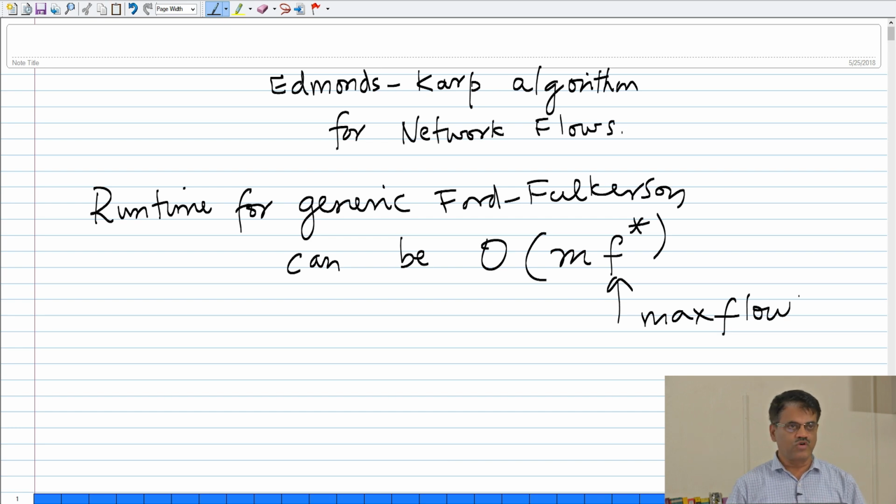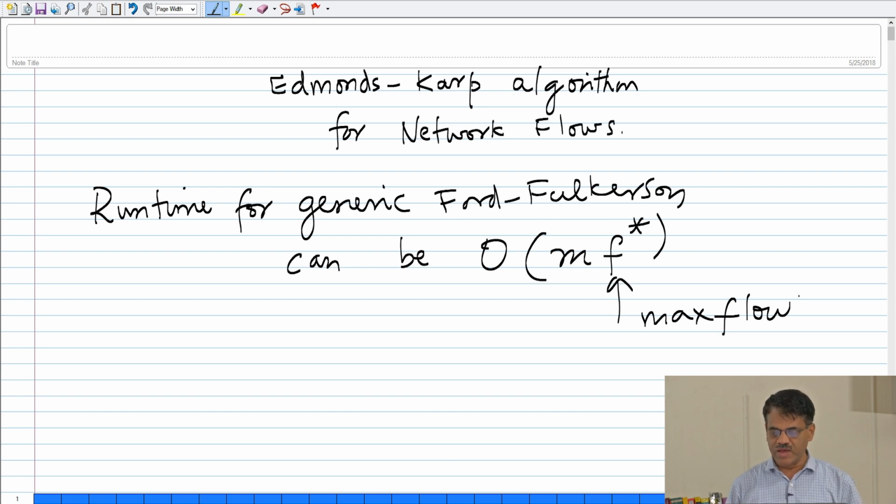So f star could be a huge number compared to the size of the graph, and so in instances where your capacities are very large, you don't want to run this algorithm.